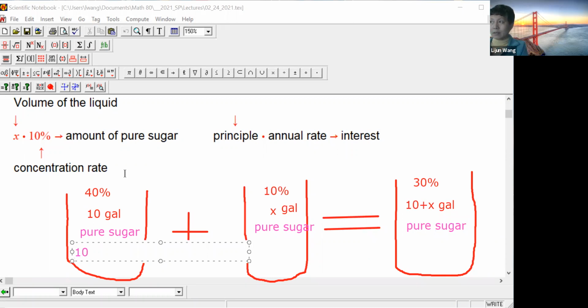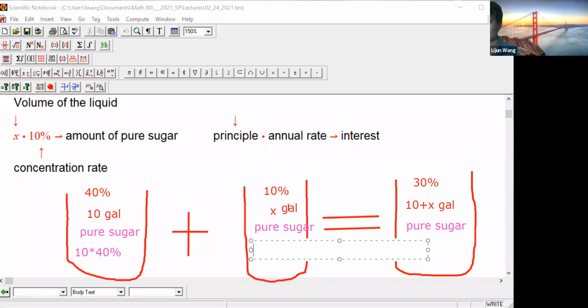We take 10 multiplied by 40%. That's pure sugar, isn't it? How much pure sugar would be in the 10% of X gallons? That's going to be X gallons multiplied by 10%.